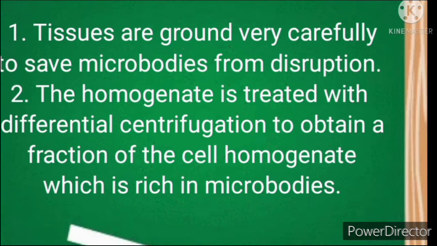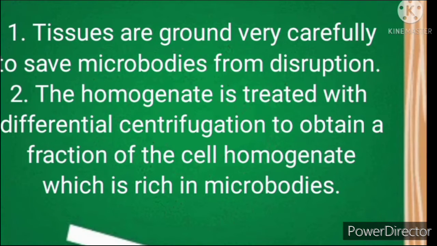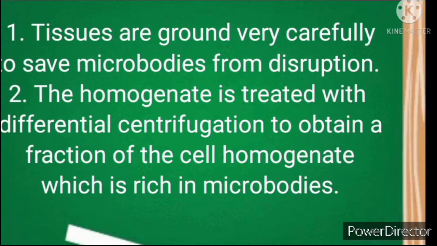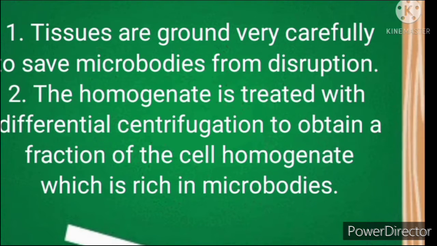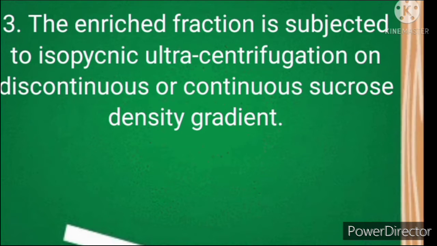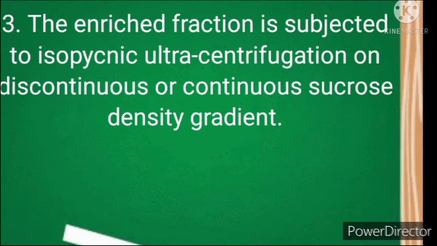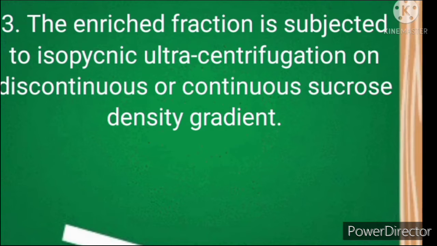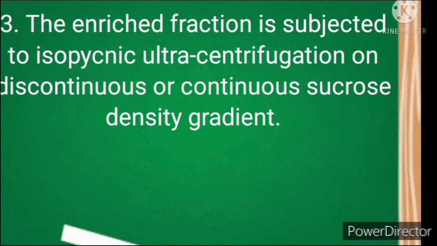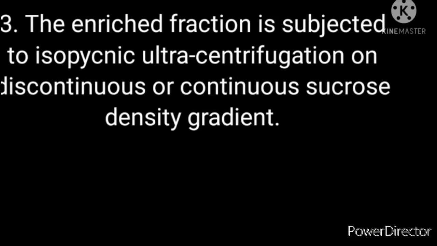Second, the homogenate is treated with differential centrifugation to obtain a fraction of the cell homogenate which is rich in microbodies. The enriched fraction is subjected to isopycnic ultracentrifugation on a continuous or discontinuous sucrose density gradient.